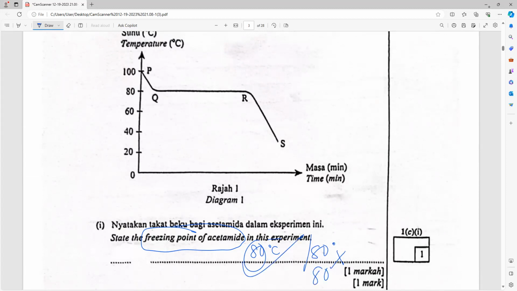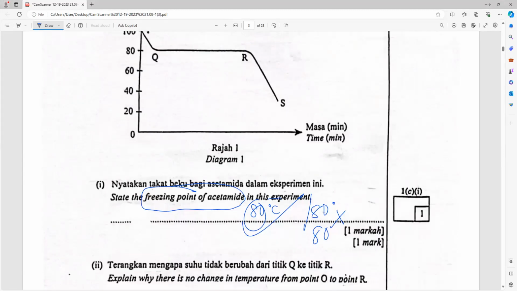The one that teacher ticked is correct. So many students in the past few years made that mistake. They put 80, and then they lost marks. So in chemistry, the confidence comes in answering correctly, not just thinking, oh, I think I've got my correct answer. Sometimes you go in so confident, and when you come out your answer is wrong because you didn't follow the marking scheme.